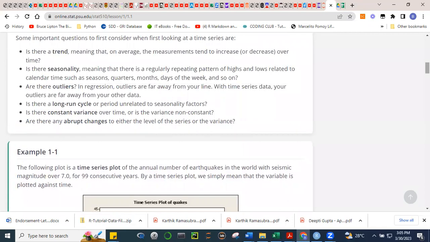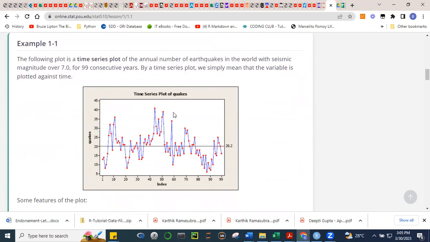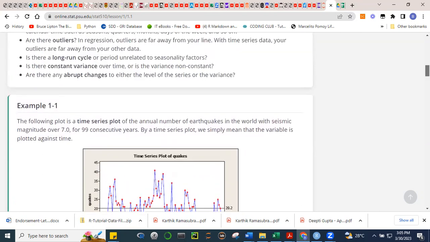How about the variance? Is there a constant variance? Hard to tell, but there seems to be a constant variance. It's hard to tell just by the plot; you have to do some statistical tests to determine if the variance is constant.